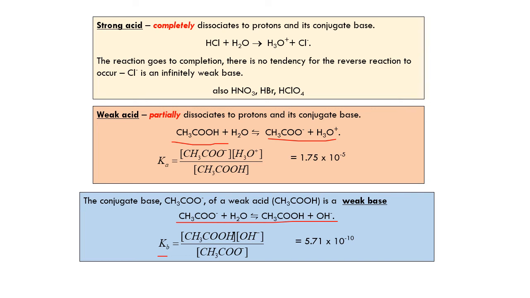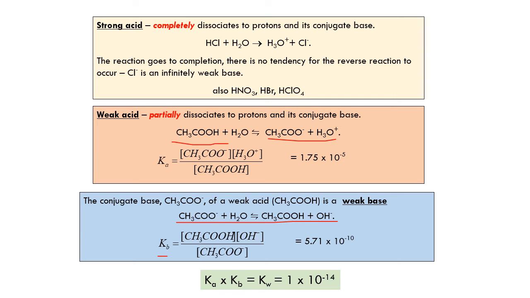So Kb, your base dissociation constant, would be the concentration of acetic acid multiplied by the concentration of hydroxide ions, divided by the concentration of acetate ions.